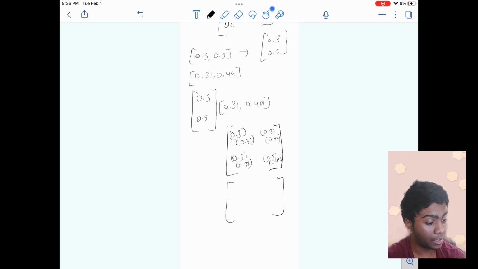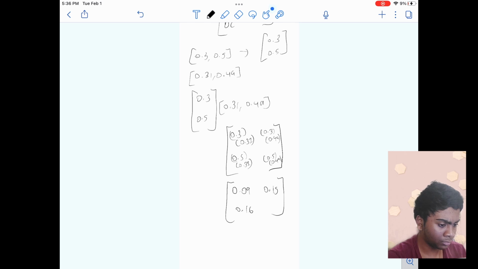You will get 0.09, 0.15, 0.16, and 0.24.